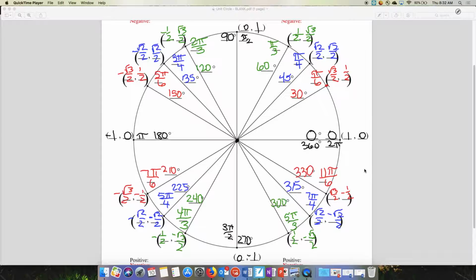All of the green angles, okay? So if you know these three coordinates right here, you can mirror image for each quadrant to know the rest. Any 30-degree angle, so 30, 150, 210, 330, are always going to have an x value of radical 3 over 2. You just have to think about whether it's positive or negative based on the quadrant.